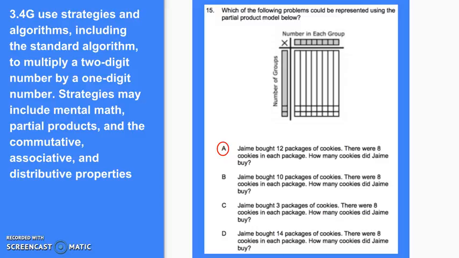You can see the rods clearly, the rods, and then the singles. It says which of the following problems could be represented using the partial product model. Here we have our 10 rod, our 2 singles, so that's 12, and then we have 8 singles across.